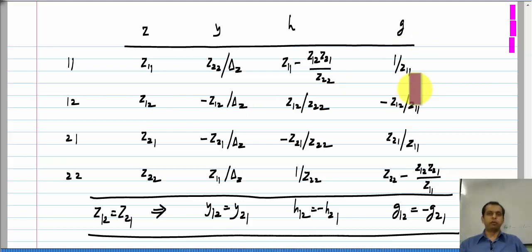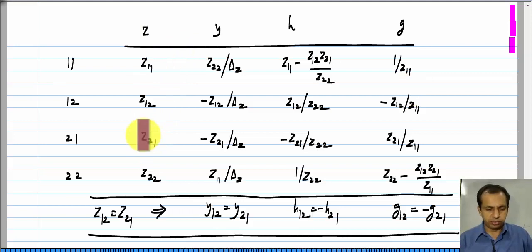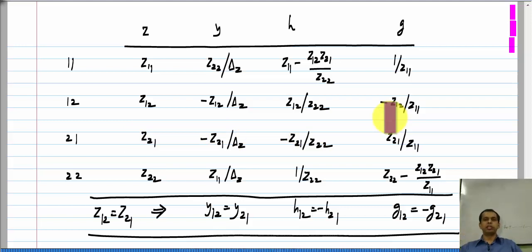And such a network where the reverse transmission parameter is 0 is known as a unilateral network. And similarly, if the forward parameter is 0 in z parameters, that is if z21 is 0, the forward parameter y21, h21 or g21 will also be 0. Okay. So, these properties being unilateral or being reciprocal are just a property of the network, and that will hold good regardless of which parameter set you choose to describe the network in. Okay.